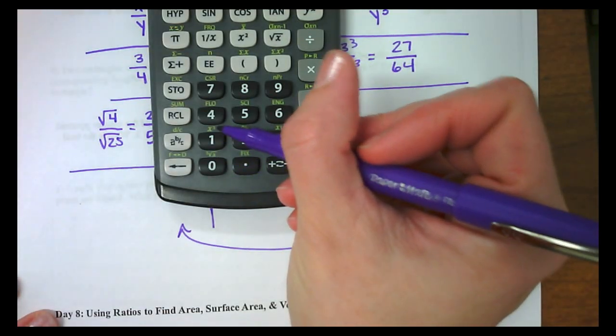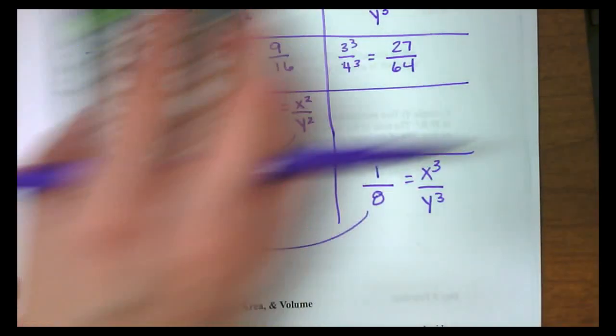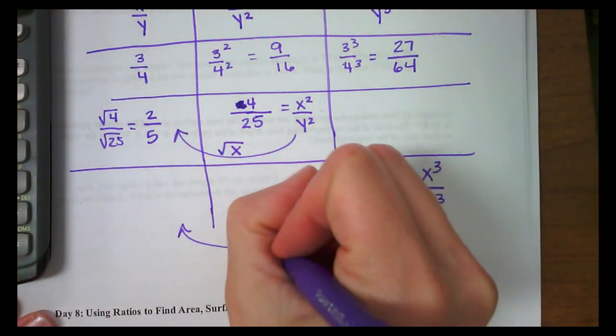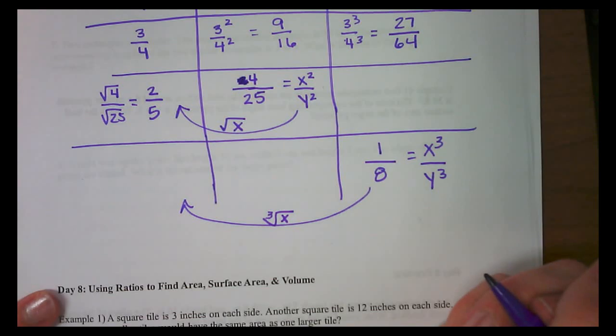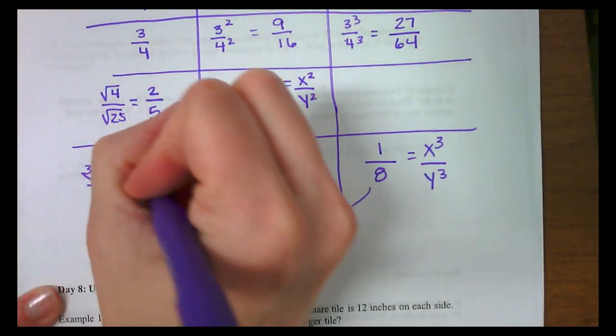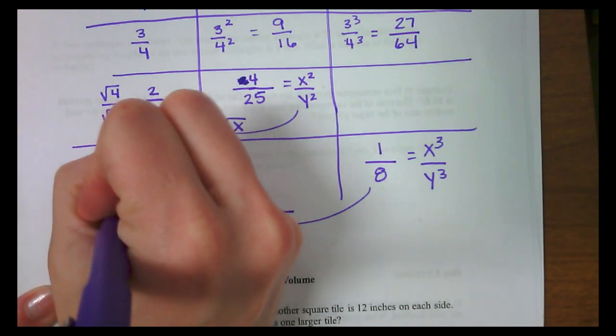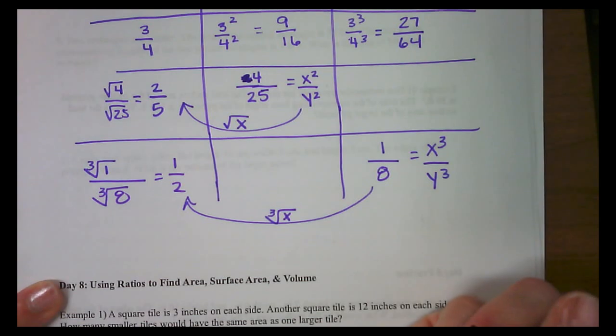Okay, cube is here, cubed root is there. If it's in green, you have to use the green button to get there. Okay, so you're using the cubed root button to work backwards. When I take the cubed root of 1 on my calculator, and the cubed root of 8, I'm going to get 1 over 2.